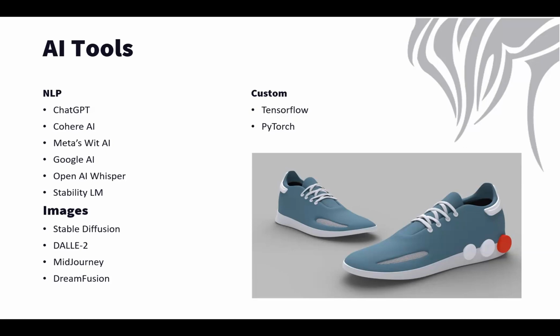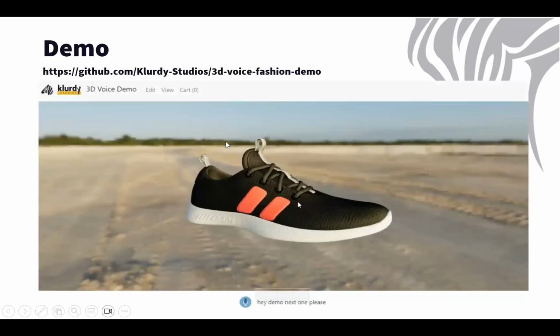There's a plugin called DreamFusion, which, if you give it a depth map of your glTF, can generate textures based on what you tell it to do. And as you can see on my right, this image is actually generated by AI.